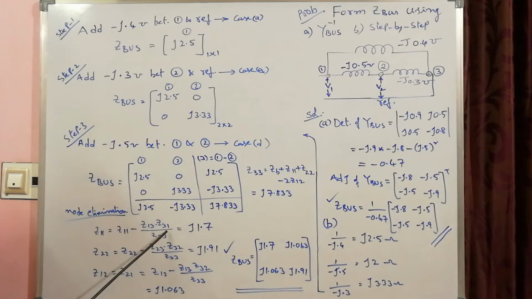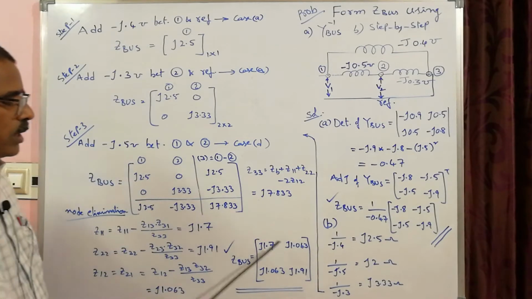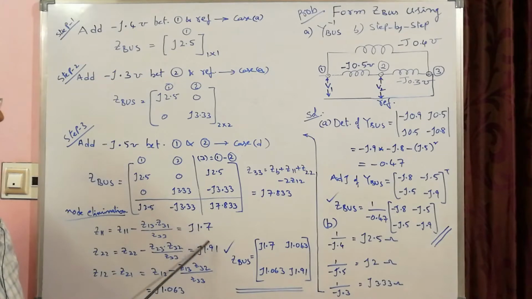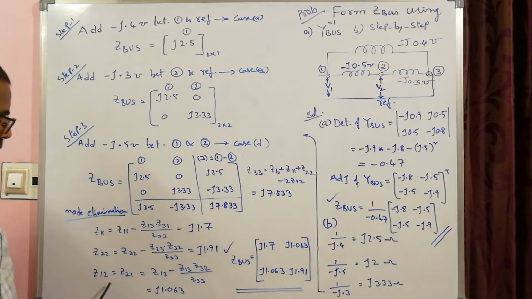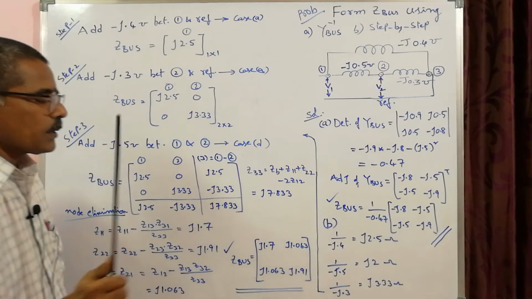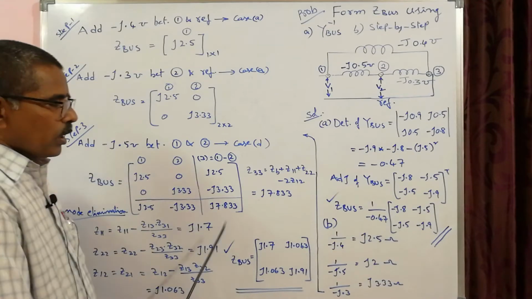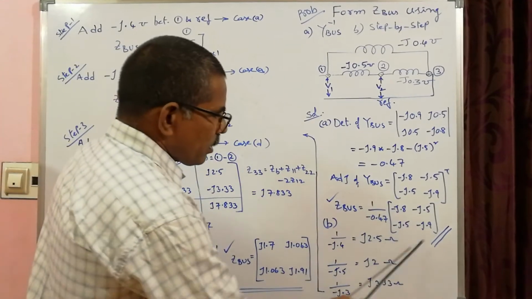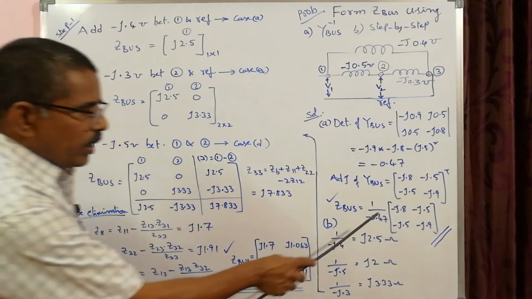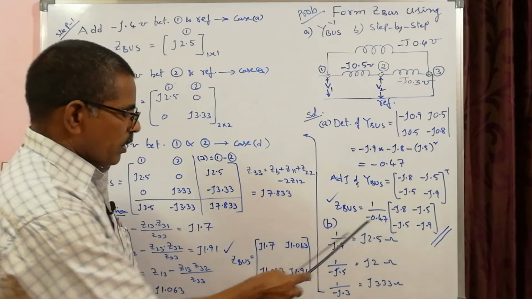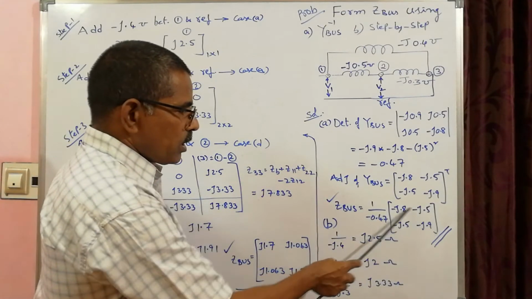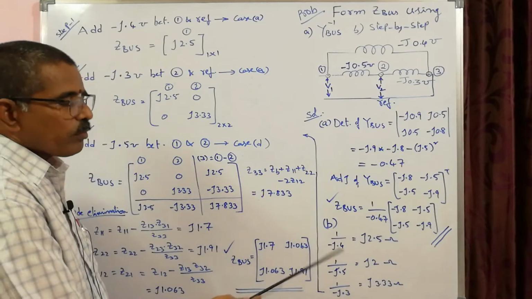So, finally, I am writing the newly generated Z bus with Z11 this, Z22 this, Z12 this. Okay. So, you can now observe this and this, they are one and the same. You divide this minus J0.8 with minus 0.47, you will be getting this. Similarly, this if you divide with this, you are going to this, you can verify that.